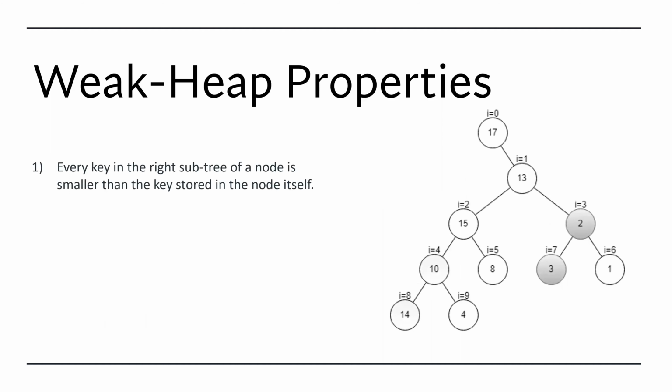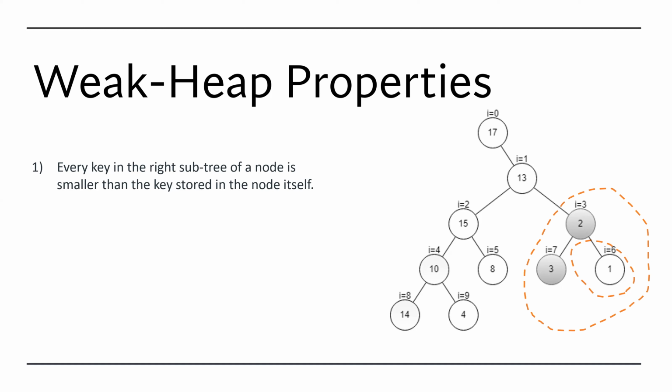The first property of weak heaps is that every key in the right subtree of a node is smaller than the key stored in the node itself. For example, look at the node 2. Its right subtree is 1, which is smaller than 2. And this condition is applied to all of the nodes.